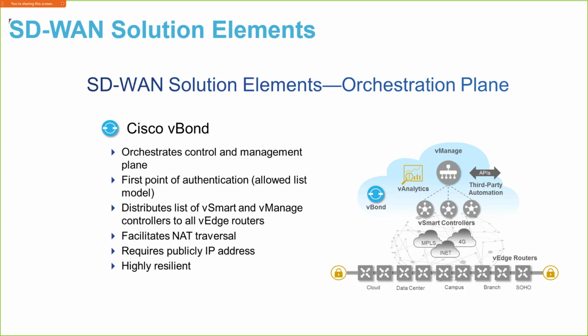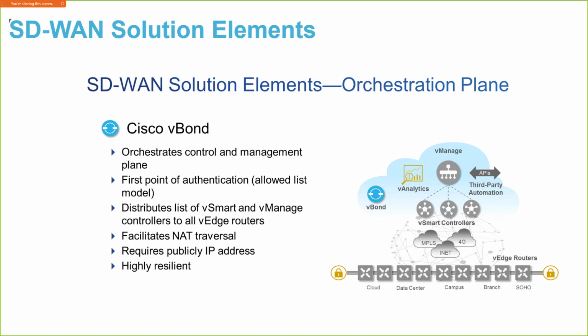All right. Now looking at this diagram here, the primary components of SD-WAN are vManage and the vSmart controller. So vManage would be something that we would define at the management plane, right? We talk about the management plane, the control plane, the data plane, and in this particular case, we have the orchestration plane. We're going to break down each one of these in this section. That's why I'm doing this long introduction, if you will.